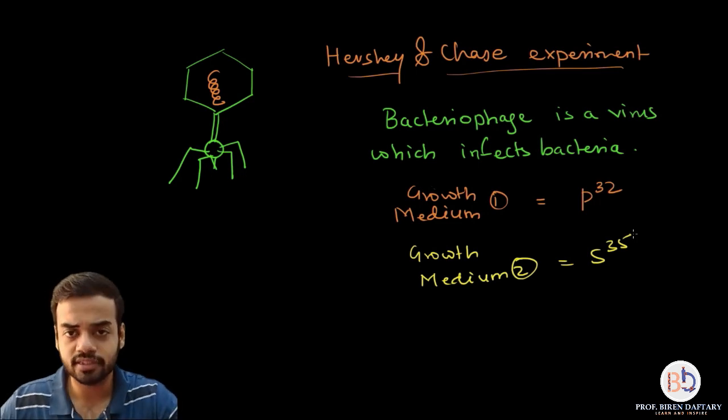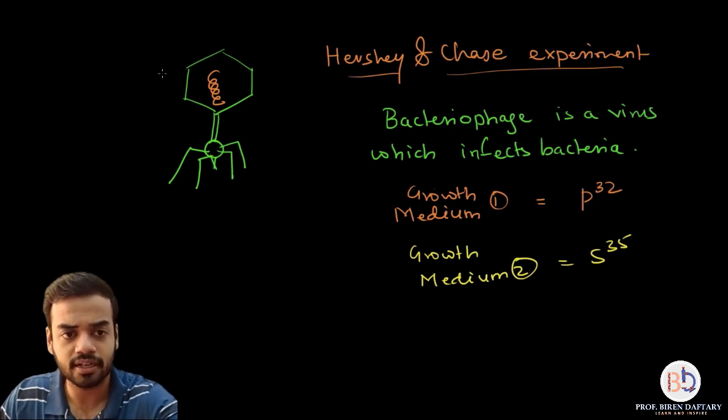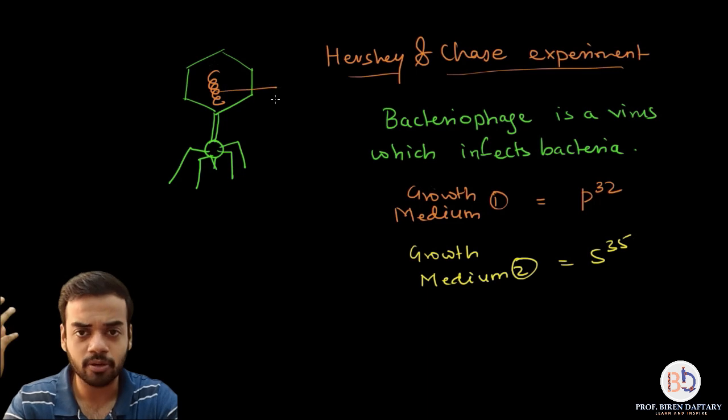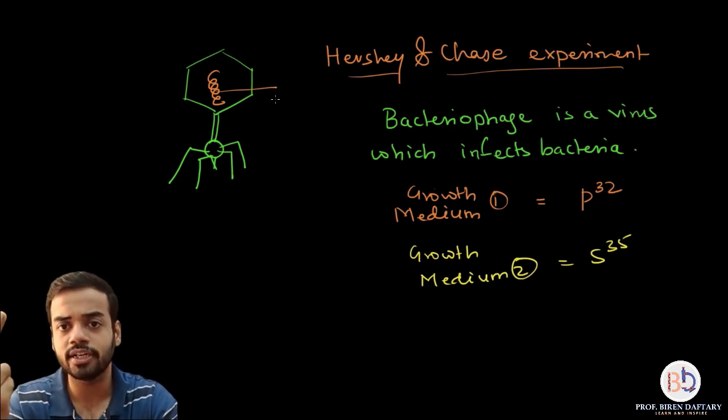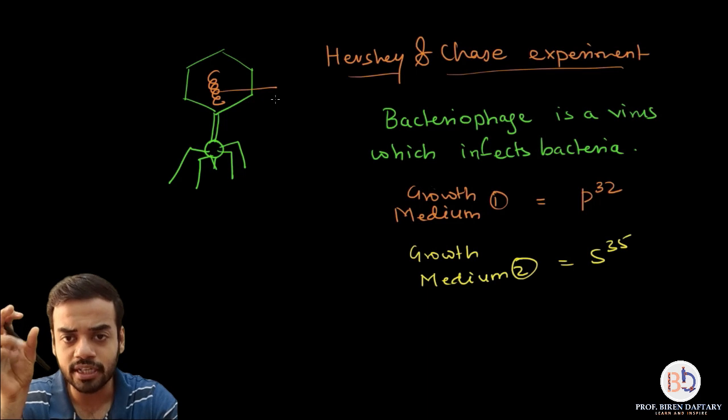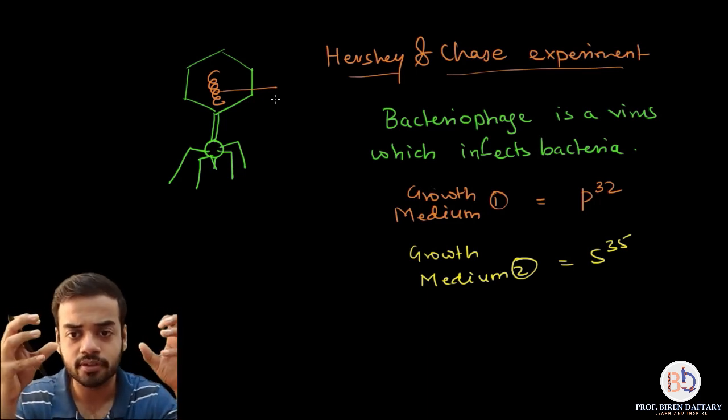Now, before we proceed with the experiment, it is very important to remember that this DNA is basically made up of nucleotides, right? And each nucleotide is made up of three components: sugar, nitrogen base, and phosphate group. So your DNA has a lot of phosphorus.